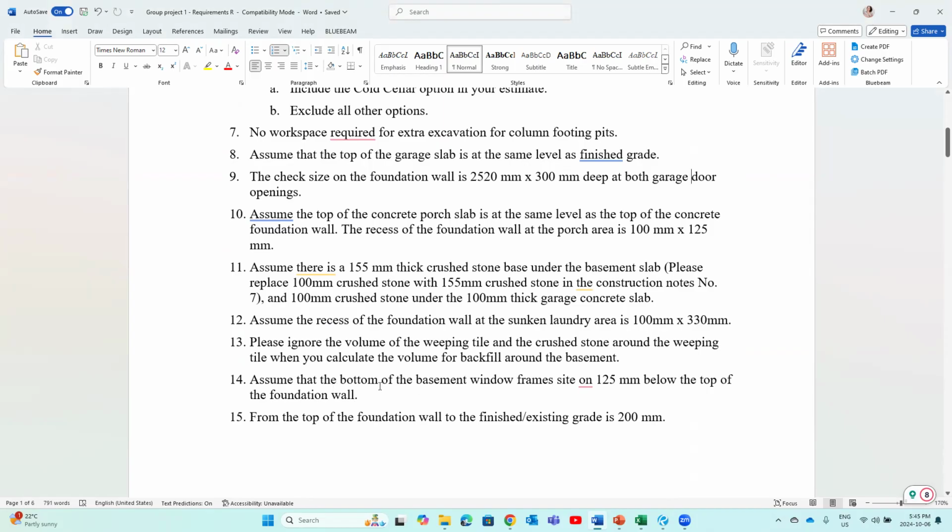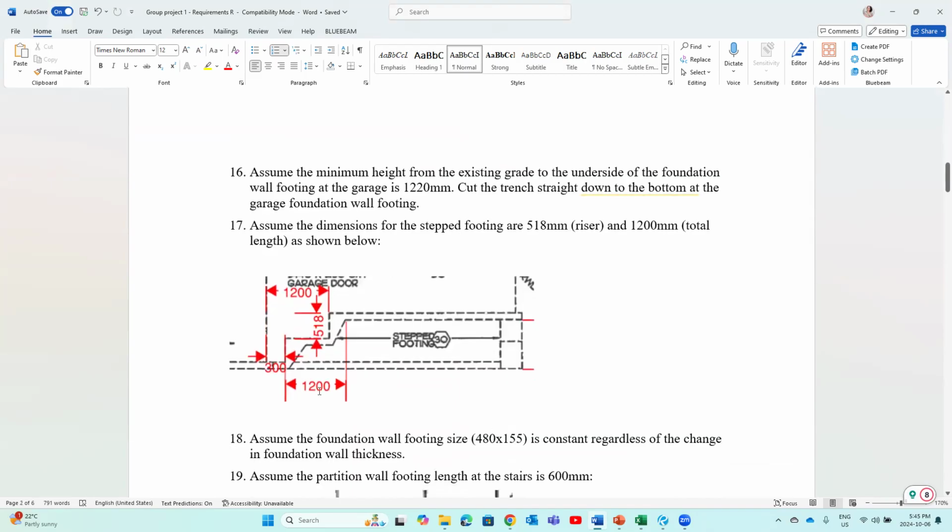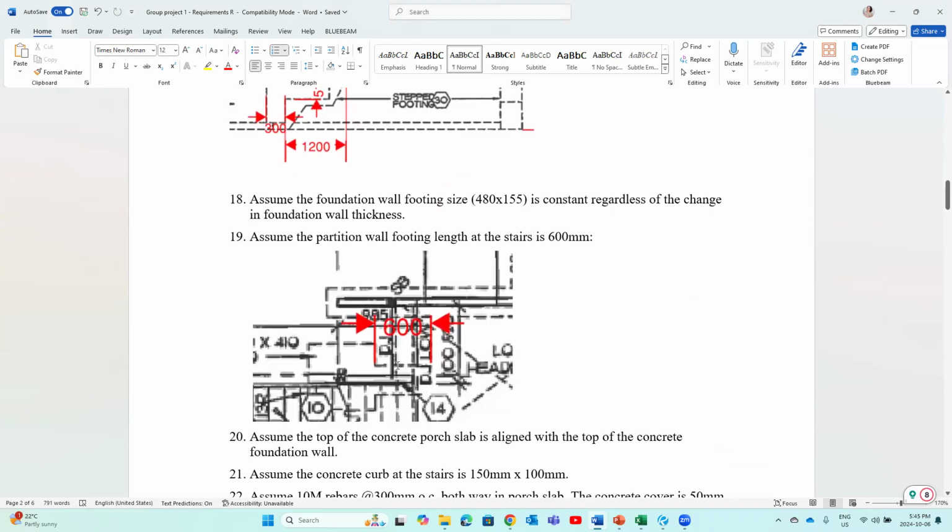So also I say bottom of the basement window frame sits 125 millimeters below the top of the foundation wall. Okay, you see top of the foundation wall to the finished grade, existing grade is 200 millimeters. So those are the sizes I gave you, right? Then you see the size for the steps, step footing, and the size for the partition wall footing next to the column footing.